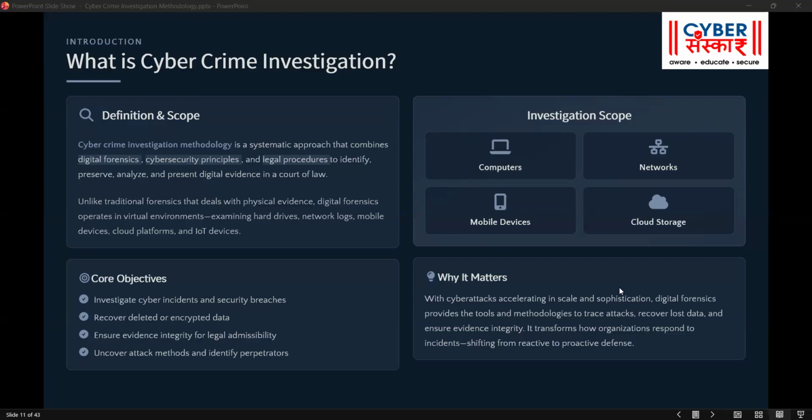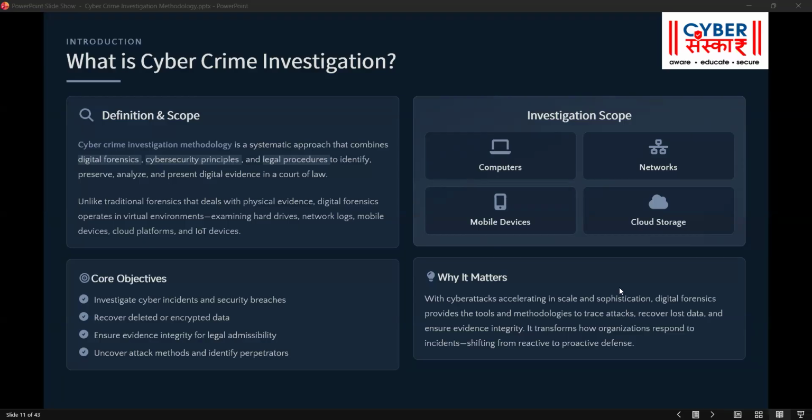In general cases physical evidence is presented, but in the case of cyber crimes, digital evidence is presented. So, unlike traditional forensics, which investigates cases dealing with physical evidence, digital forensics operates in virtual environments.